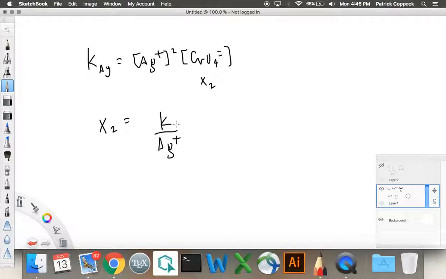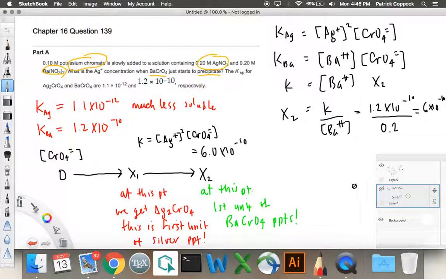Yeah. We're not really trying to solve for x2. We already know what x2 is, right? Now we're trying to solve for silver. So instead what we need to do for silver is say K of silver over x2 is equal to the concentration of silver squared, which is exactly what we were trying to figure out before. Let me disappear this and open that one up.